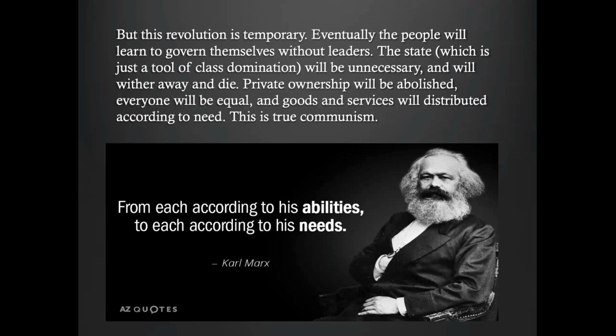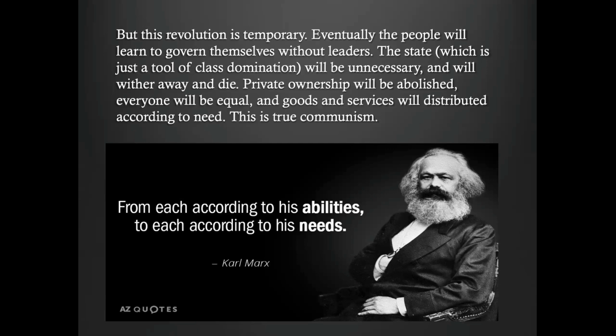This is true communism. Never been achieved. It's an aspirational goal. But this is true communism. This is what Marx meant by communism. No state, no ownership, goods and services distributed according to need.